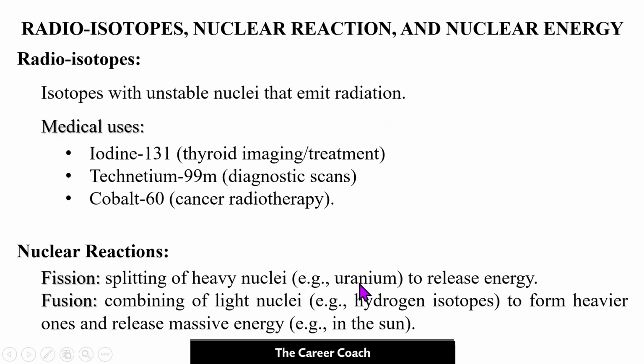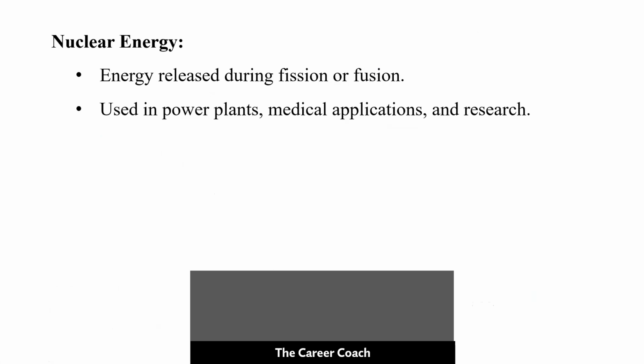An example is uranium. Uranium can split into several isotopes. Fusion is the combination of light nuclei to form heavier ones and release massive energy. An example is the nuclear fusion taking place in the sun. So let's take note of the definitions of nuclear fission and nuclear fusion.